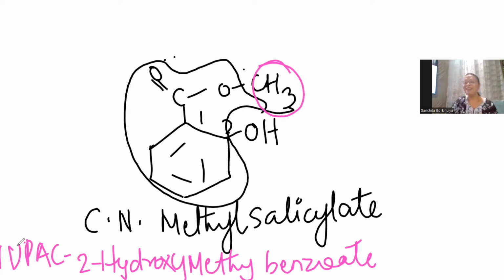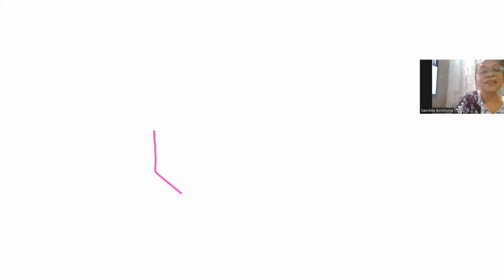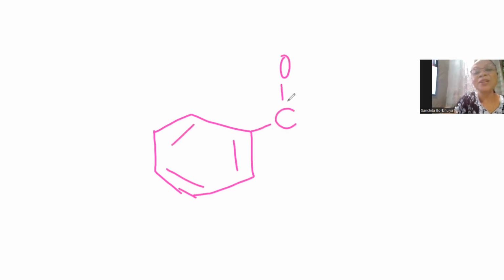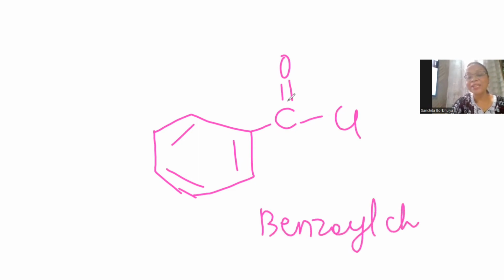Yes, you would ask me, are there some more compounds with higher priority? And do we name them? Yes. This. Compared to OH, this group has higher priority. So this is called benzoyl chloride. Yeah, this is not a chloroketone. Mind it, the CO and Cl attached to the same carbon does not give it a priority to call it a chloroketone.